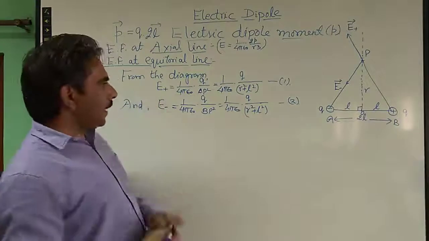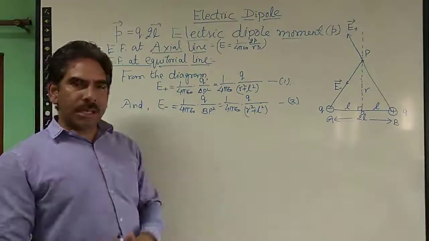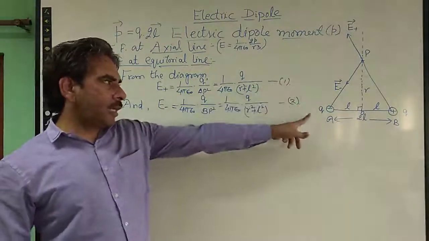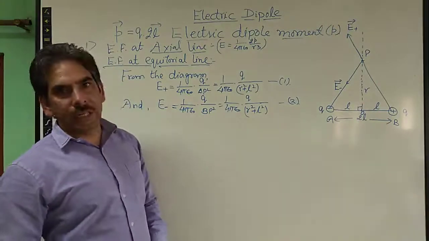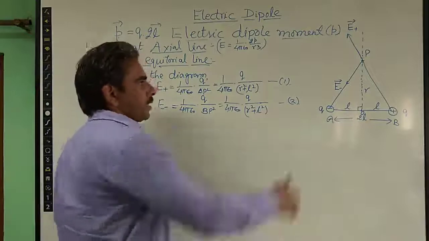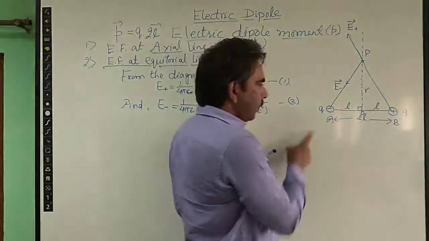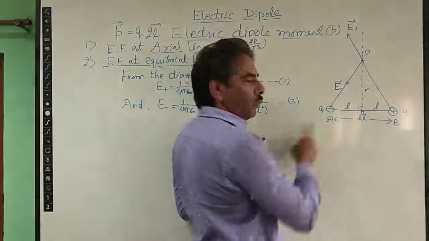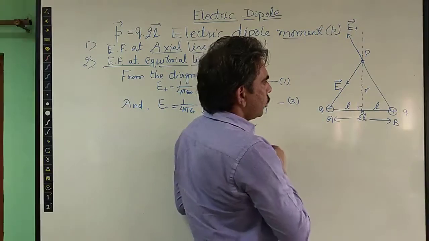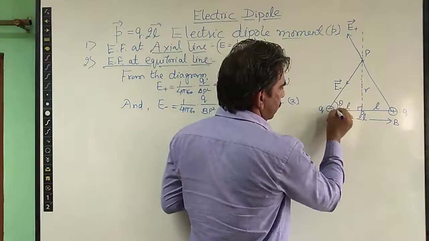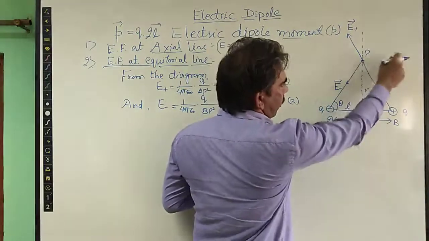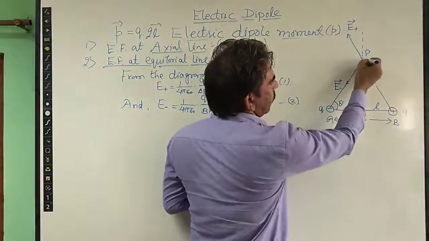Now from here, the magnitude of the two electric fields are same, because point P is symmetric towards negative and positive charge. But the direction of these two electric fields are different. One is directed along BP, other one is directed from P to A. So if this angle is theta, for example, then we draw a line parallel to this line.